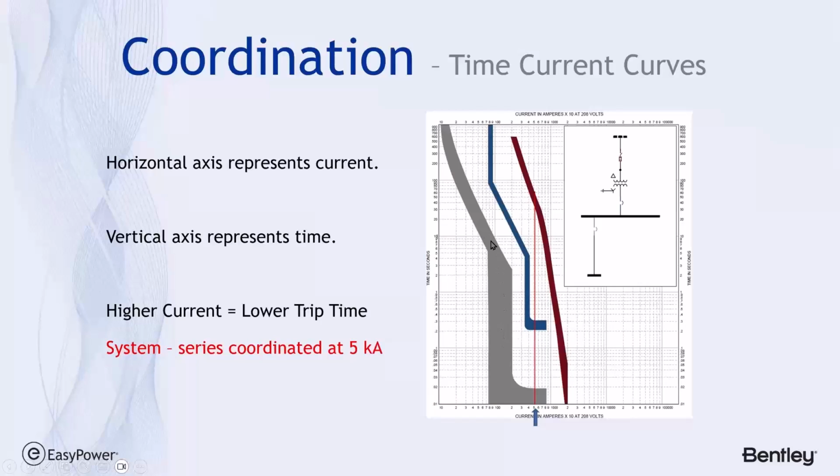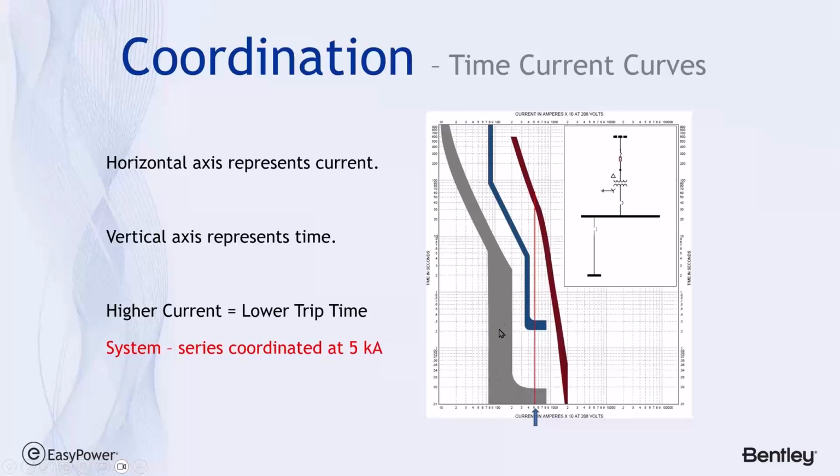Now this gray plot is a typical TCC for a molded case circuit breaker. And it has magnetic properties and thermal properties. So thermal property is related to long time faults, and the magnetic is related to instantaneous response to very high current.